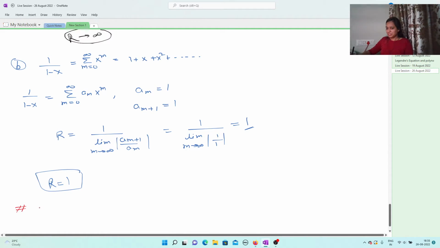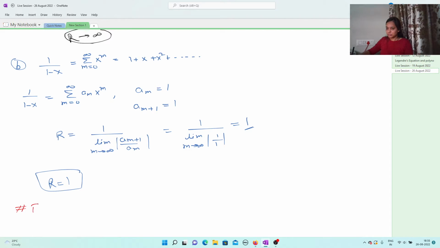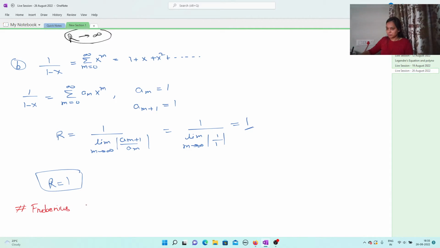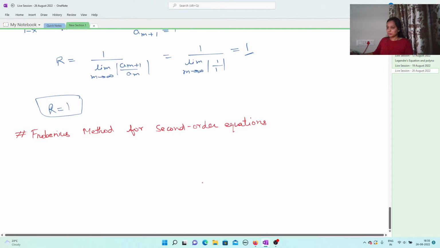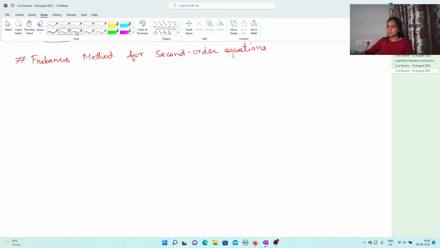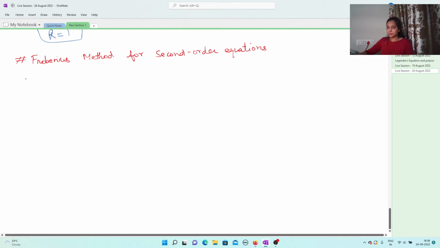Okay. Briefly, I will discuss the Frobenius method so that we can solve a problem related to that. So this is just for recap. Already this has been taught in lecture in detail. Okay. So now let's look at the Frobenius method for second order equations.